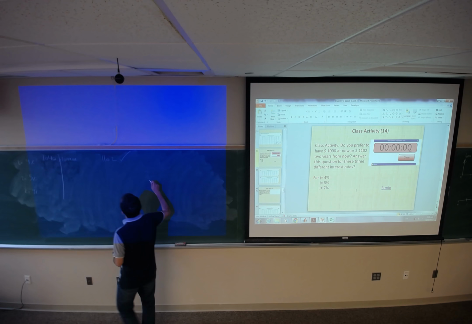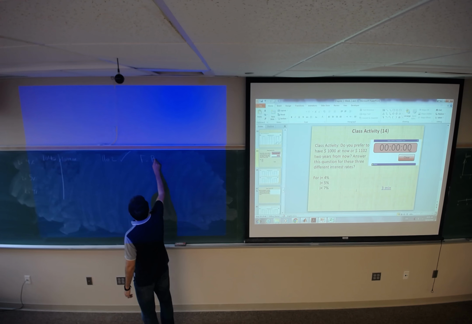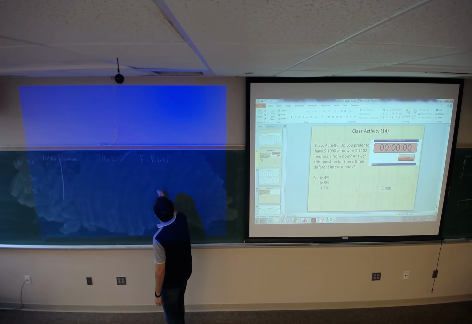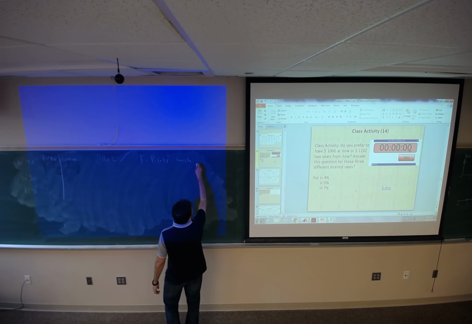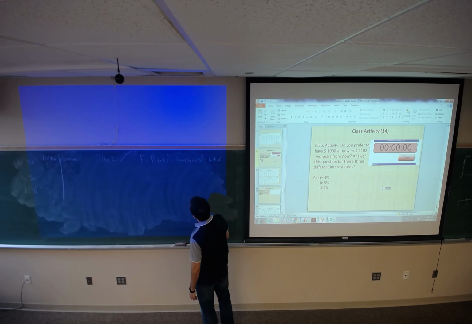We used F equal to P times (1 plus i) to the n. And then with that at 4%, it only came out to be 1081.6.